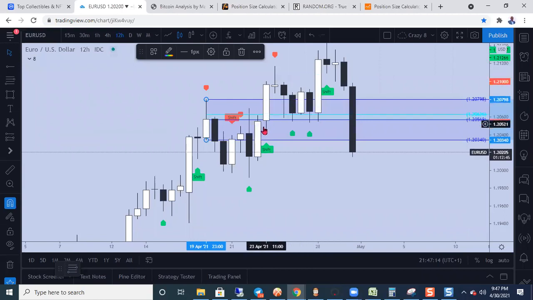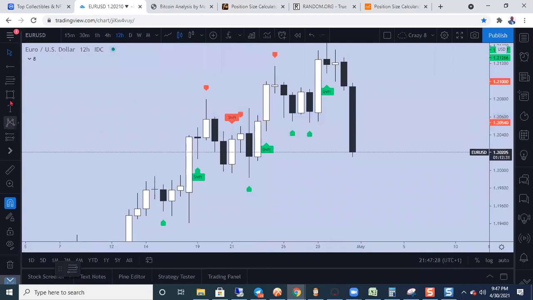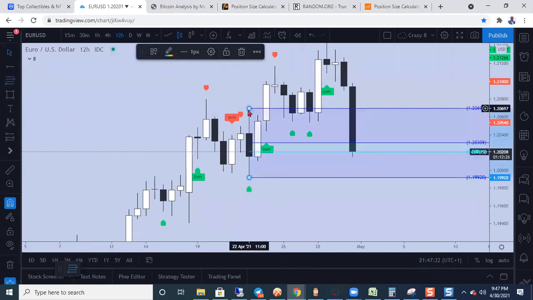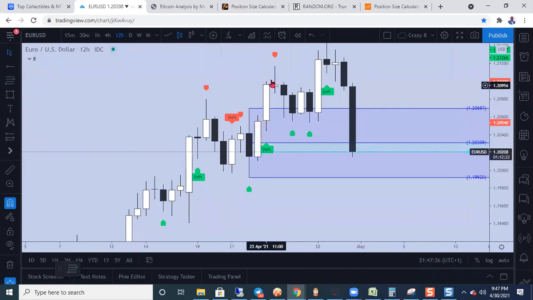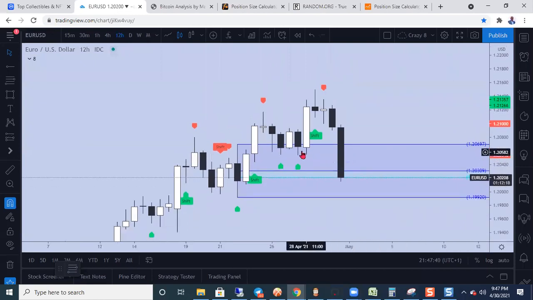But note, once price broke above, it put a green arrow on this bearish candle. So our bias automatically becomes bullish. Then we fib this bearish candle. Notice that if you fib this bearish candle, you have your buys again.